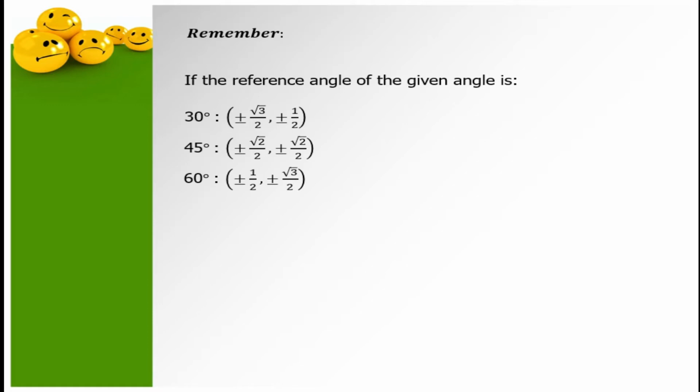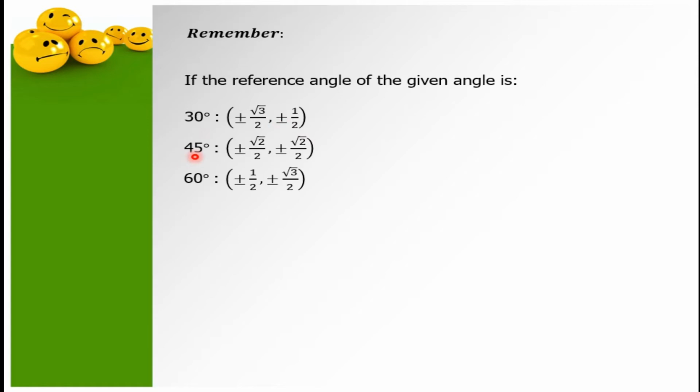So pag yung angle na may reference angle na 30 degrees, ito po yung coordinates ng kanilang point of intersection ng terminal side at ng unit circle. So it is positive negative square root of 3 over 2, positive negative 1 half. So yung sign ng coordinates ay depende lang po yan kung saang quadrant nakalagay ang terminal side ng given angle.